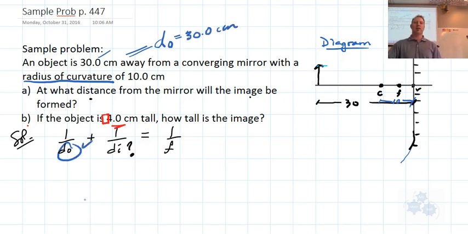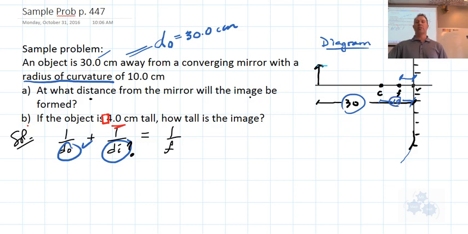That's great. I want to find DI. You see, this is unknown. That's what question A asked for. And focal length. I don't see focal length anywhere, but how can I get focal length from what I'm given? Do you see how I can get this distance here? I'm given this number and this number.